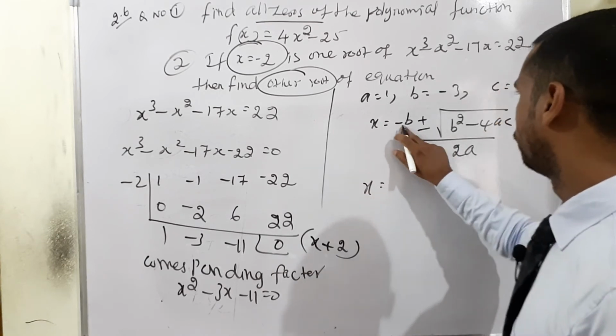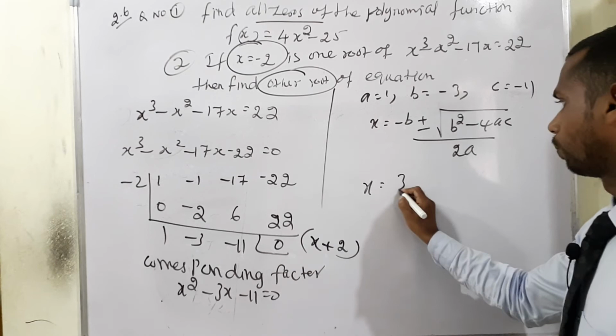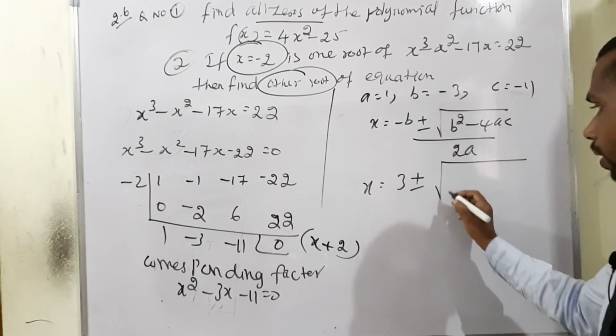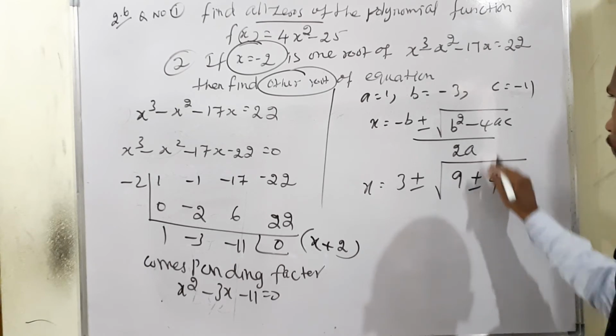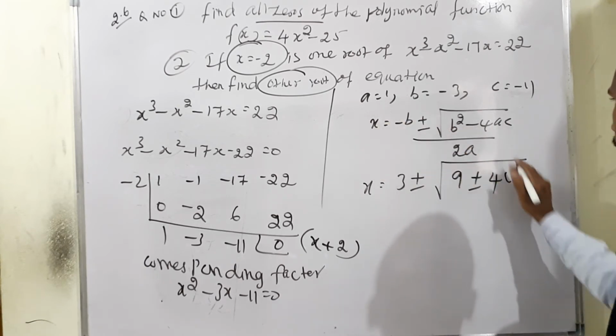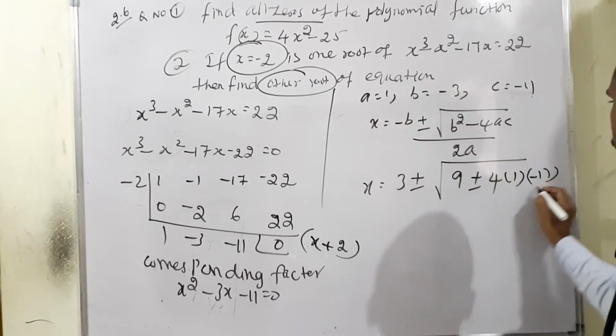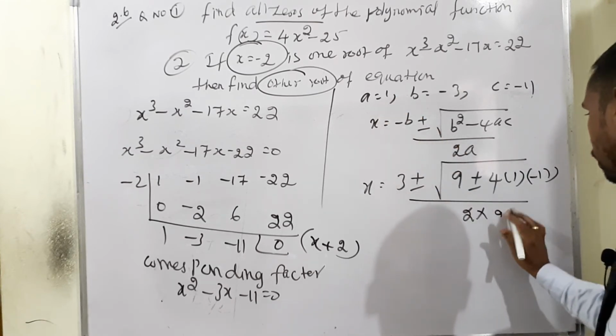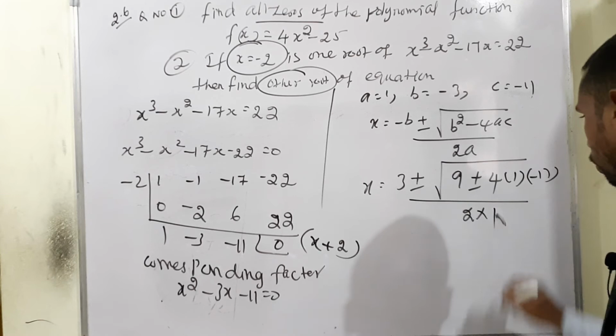So x is equal to minus b, which is positive 3, plus or minus b square, minus 3 whole square, positive 9, plus or minus 4 into a equal to 1, c equal to minus 11, whole term divided by 2 into a equal to 1.